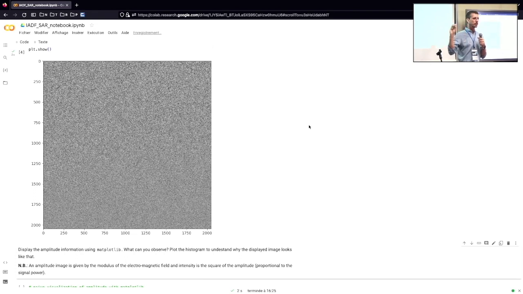So it's not the single phase information which is informative, it's the difference of phase between images that will provide information about elevation and topography and geometry of the scene. If you have a single SAR image, you often discard the phase and you only keep the amplitude or the intensity information, which is the square of the amplitude. So you're only looking at the modulus of the complex SAR image.